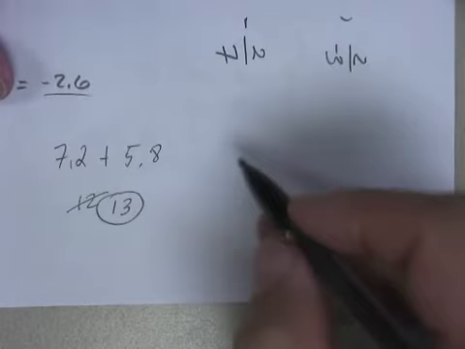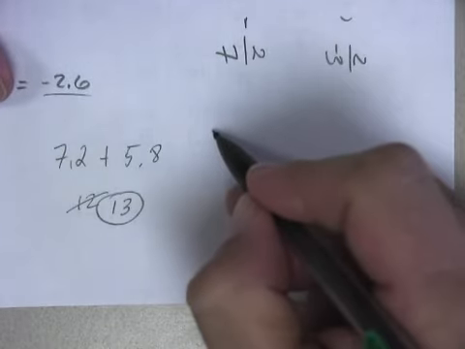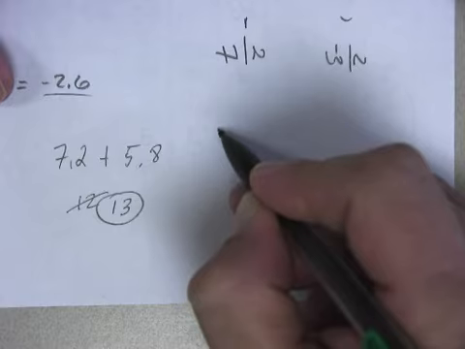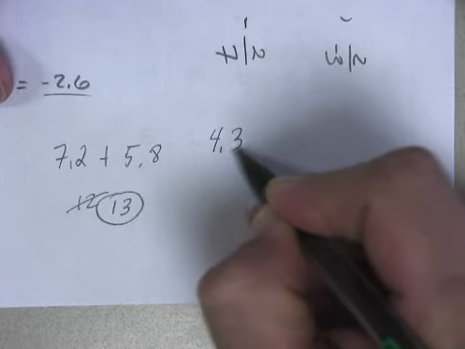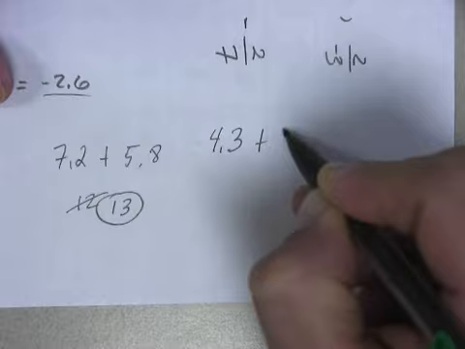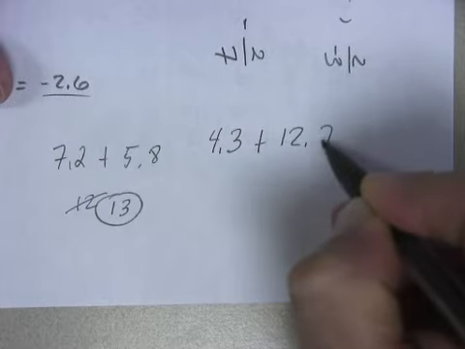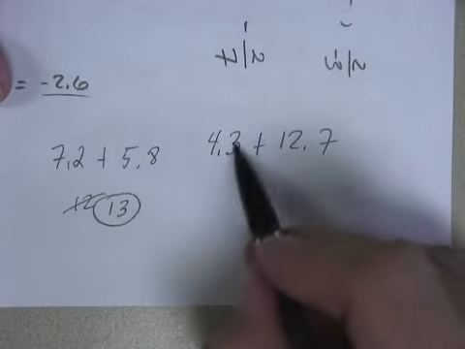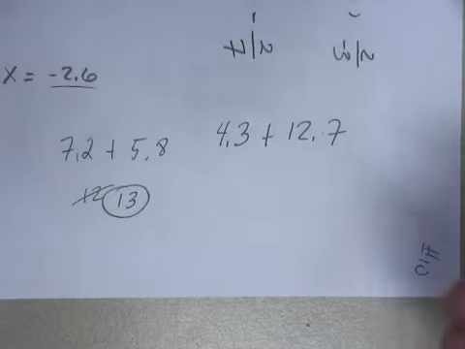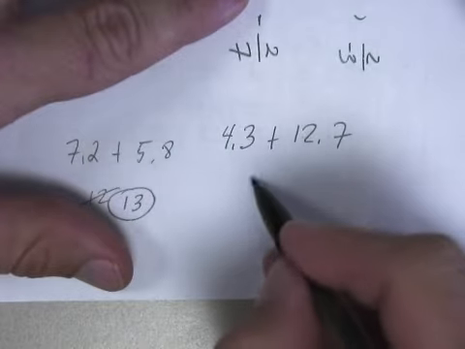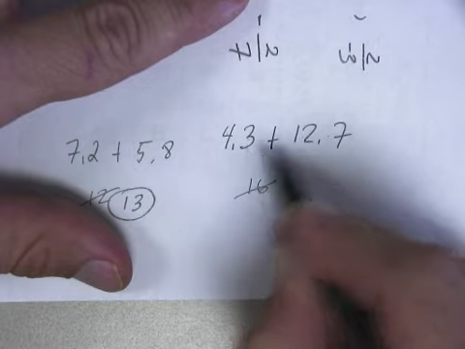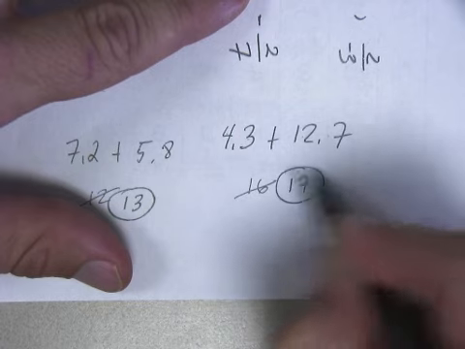Do one more. Let's do 4.3 plus 12.7. Notice that 3 and 7 gives you 10, so that's a full 1. So 4 plus 12 is 16, but I'm going to add 1 to that, and it'll be 17.